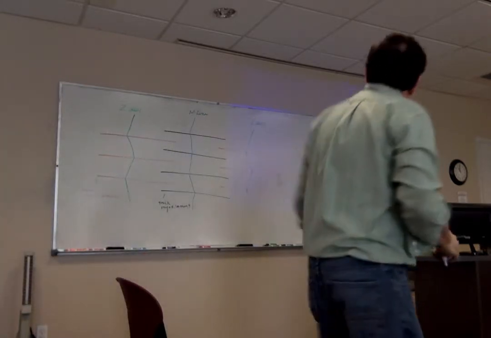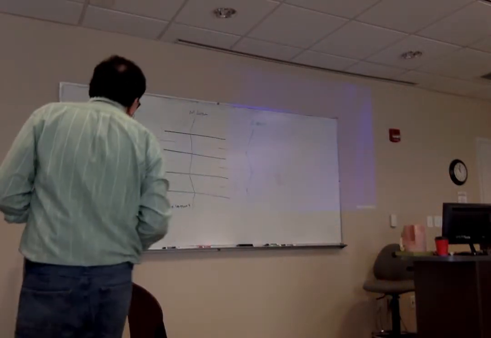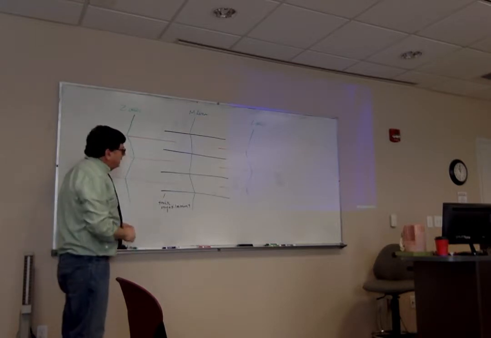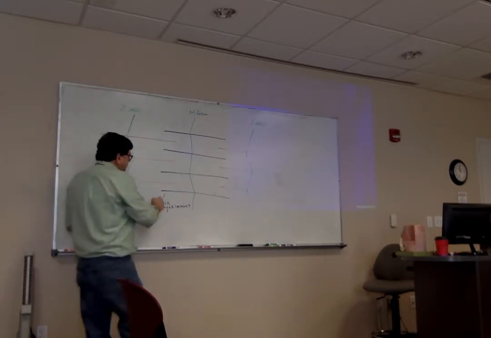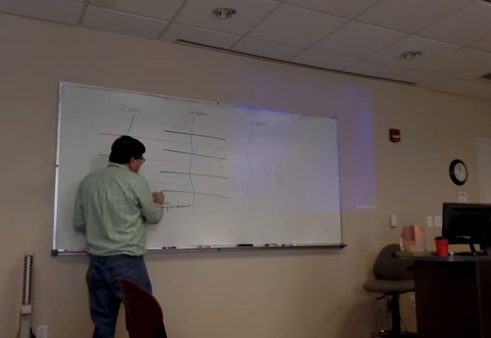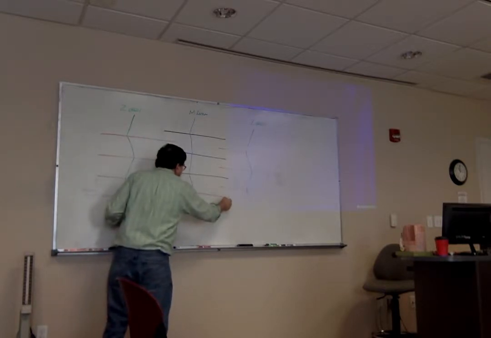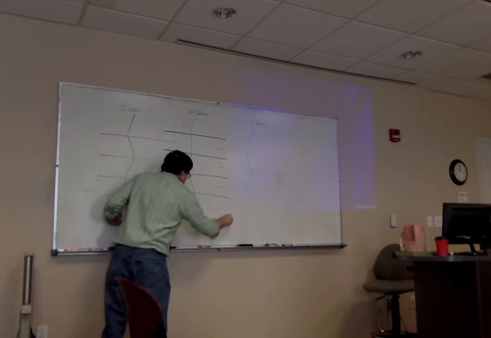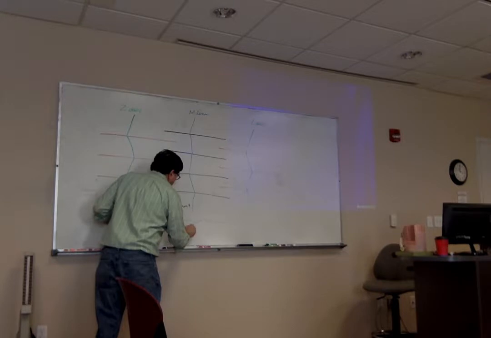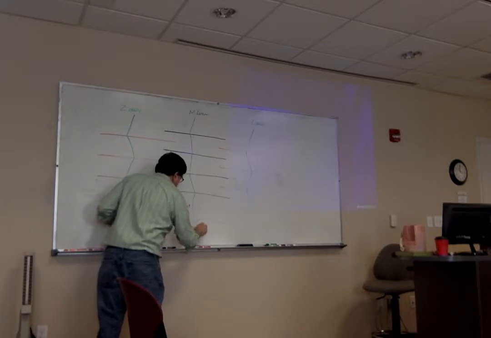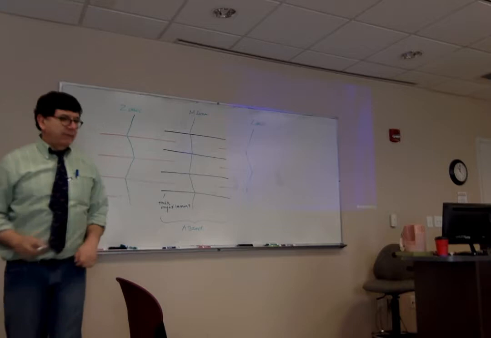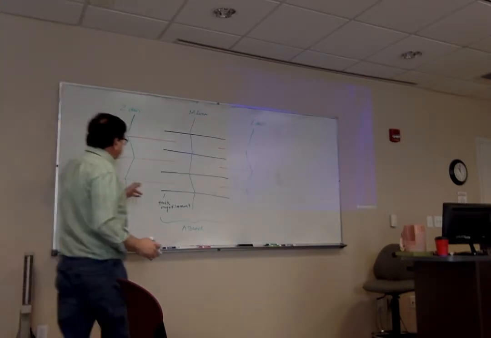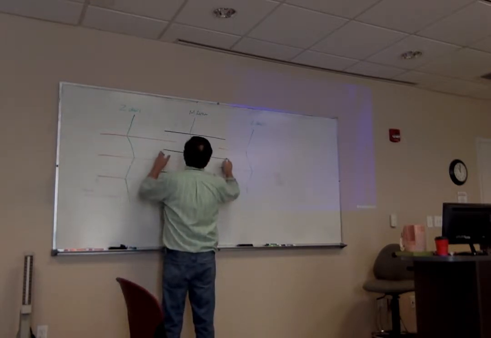All right. So now, the A band is defined as this region between the beginning and the end of the thick filaments. This makes up the A band. Right, the part from beginning to end of the thick filaments, this is the A band.